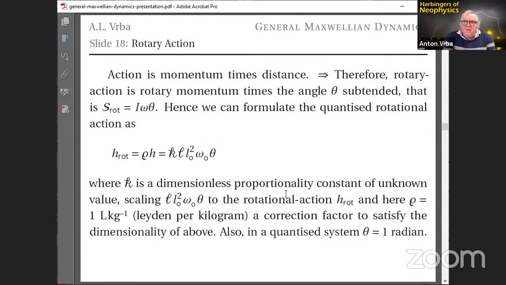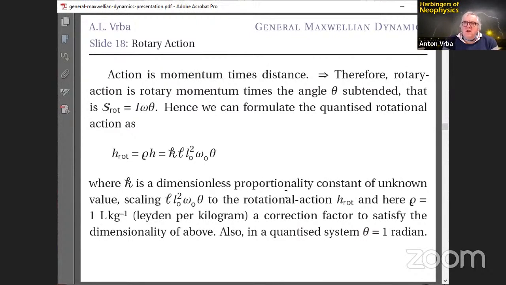Now, action is defined as momentum times distance. Similarly, and this is something I haven't seen in any textbooks, maybe somebody could correct me, rotary action is rotary momentum times the angle theta subtended. S is generally used to describe action. So the rotary action is I, the moment of inertia, times omega, the radial frequency, times theta, the angle subtended.